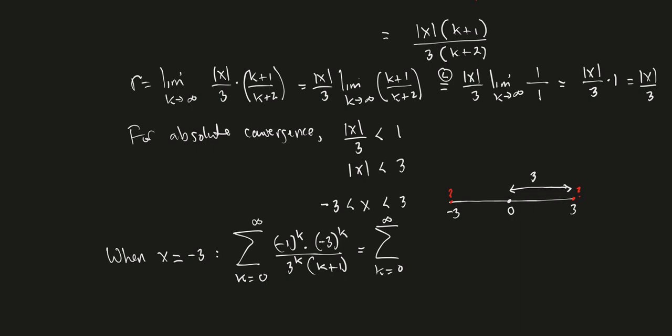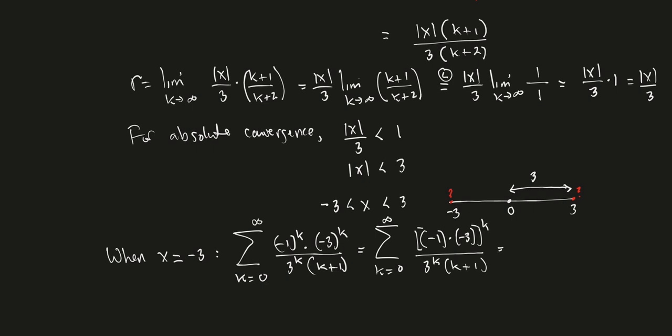In the numerator, I can use another property of exponents: because the powers are the same and I am multiplying, I can multiply the bases. So I can write this as -1 times -3 all to the kth power, and then that's over 3 to the k times k plus 1.